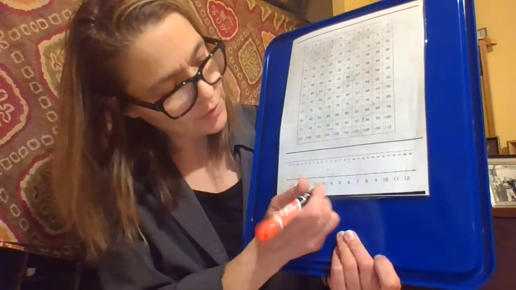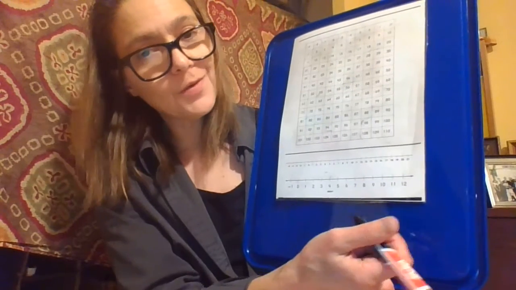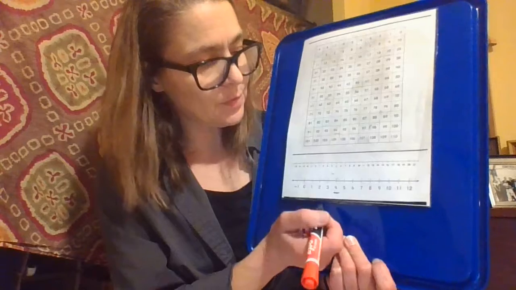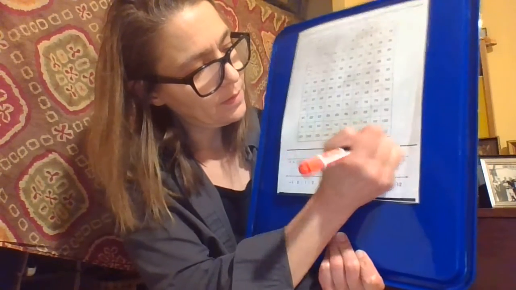You can practice that too using your number line, and the example they give you is that they want you to count up to solve 10 minus 4. So when you count up to solve 10 minus 4, you start at the 4 and you count up until you get to 10, and you count how many jumps. The difference between 10 minus 4.